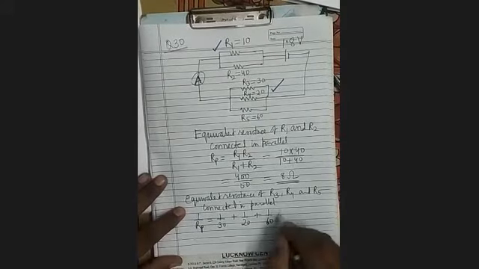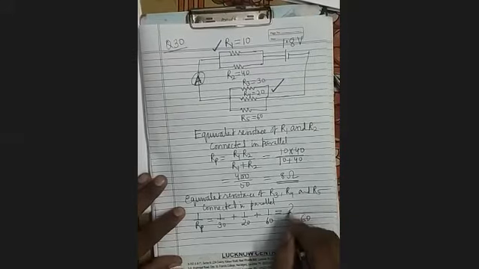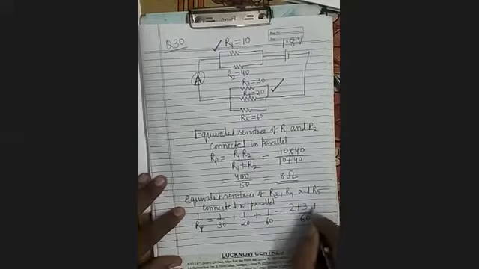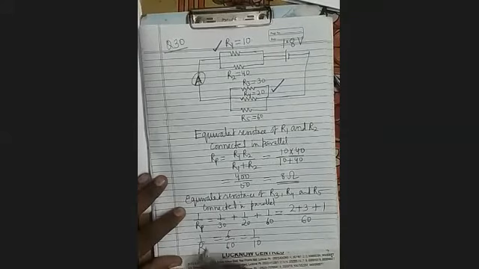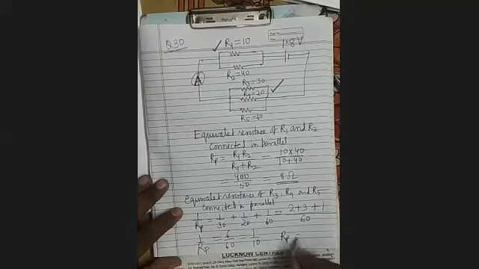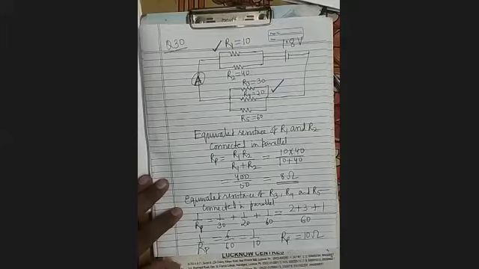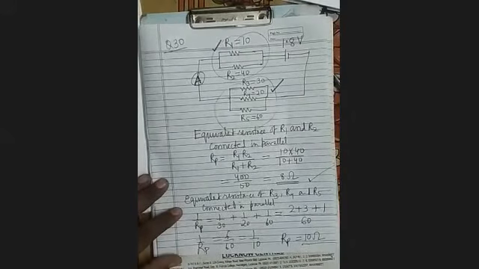It's clear? What will be the LCM here? LCM will be 60. 2 plus 3 plus 1, that is 6 upon 60, that is 1 upon 10. So Rp is 10 ohm. The first equivalent is 8 ohm, the second equivalent is 10 ohm.